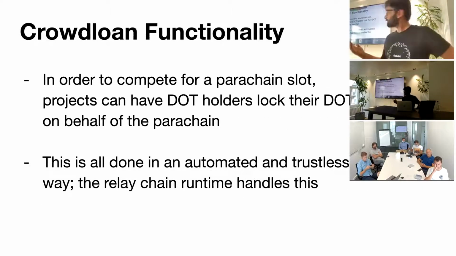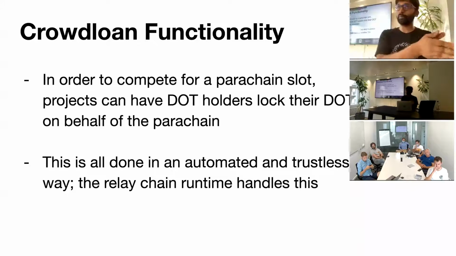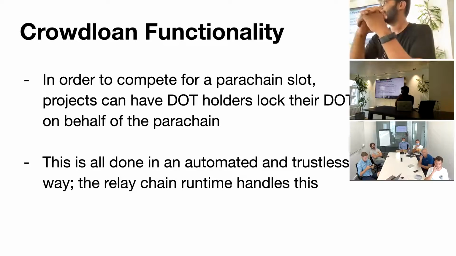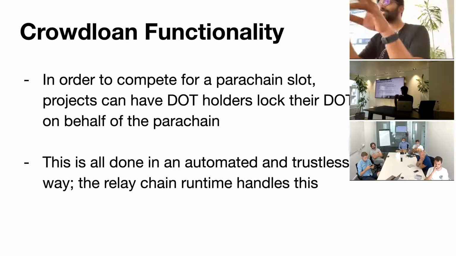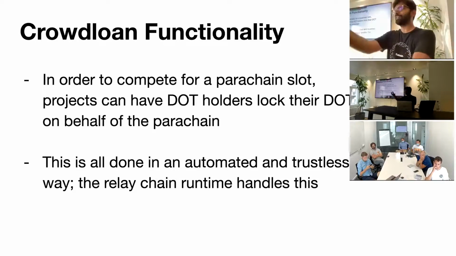Sometimes, if you're a project and you don't have so much capital to have so many tokens to be able to become a parachain, then you can use what's called a crowd loan functionality. These are starting tomorrow on Kusama. That's the second edition. Crowd loans are a way where the general users can lend their funds to you, meaning they won't give them directly to you.